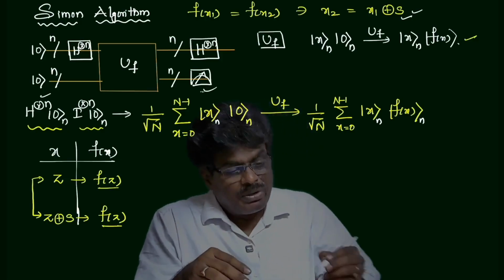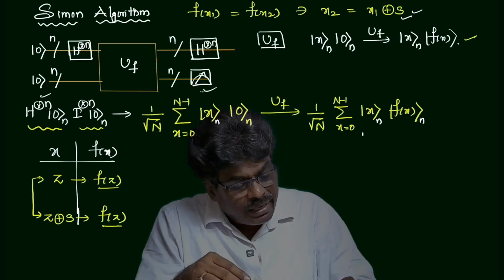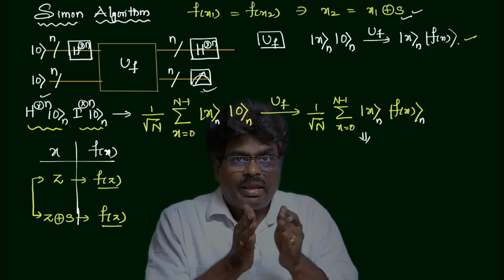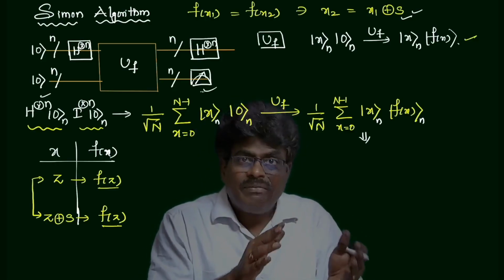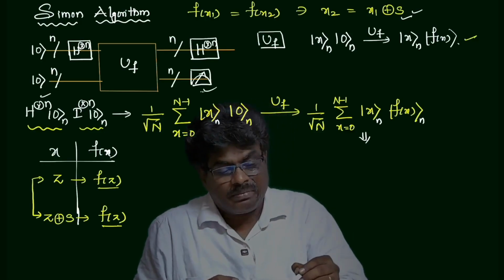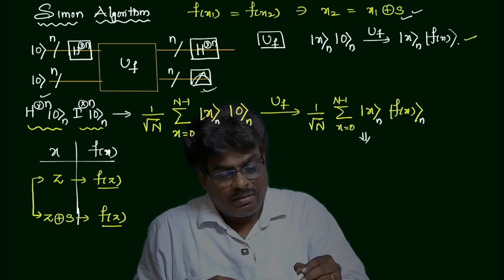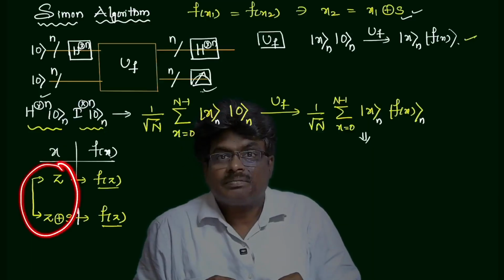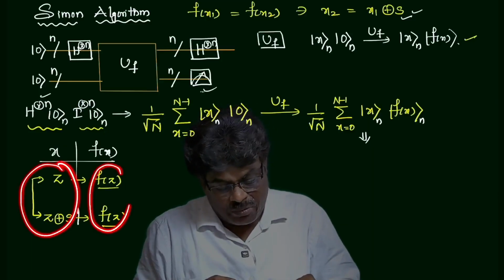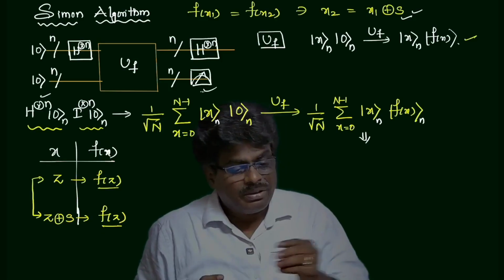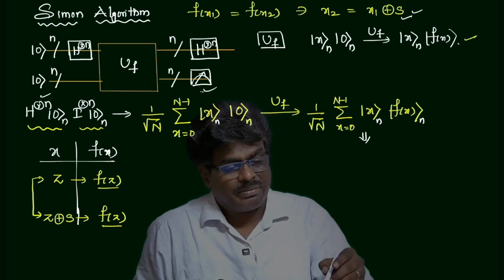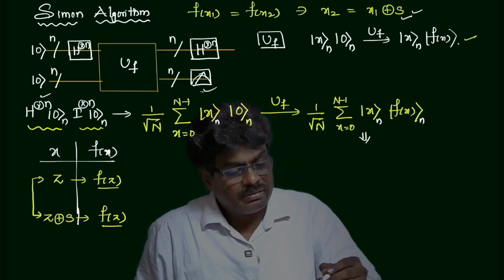I told you no need to bother about that output, just some f of z. Now I'm going to write this as a summation. If I expand this, somewhere I will get this term corresponding to the output f of z. So I'm focusing on that.